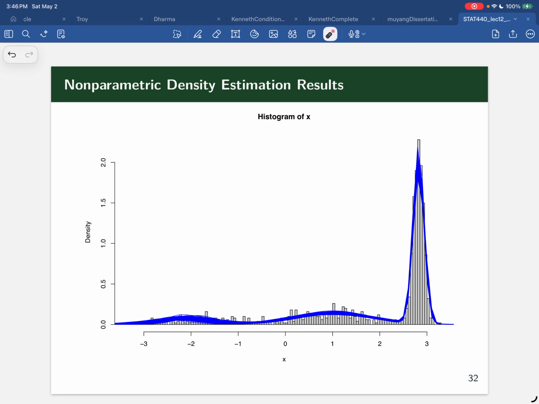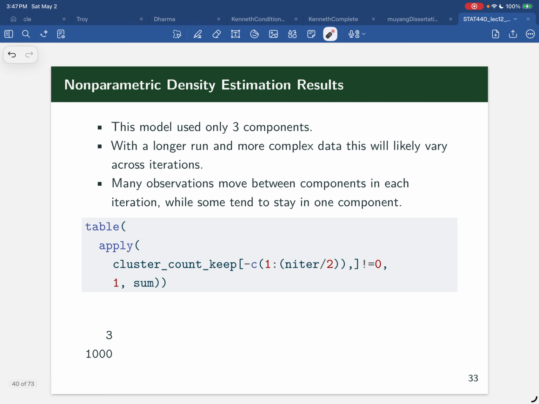We've got three pieces: a bump here, and of course the tall spike there. You can see there's some variability around here, but overall this is a nice flexible model which captures this overall density. Here we ended up only using 3 components.